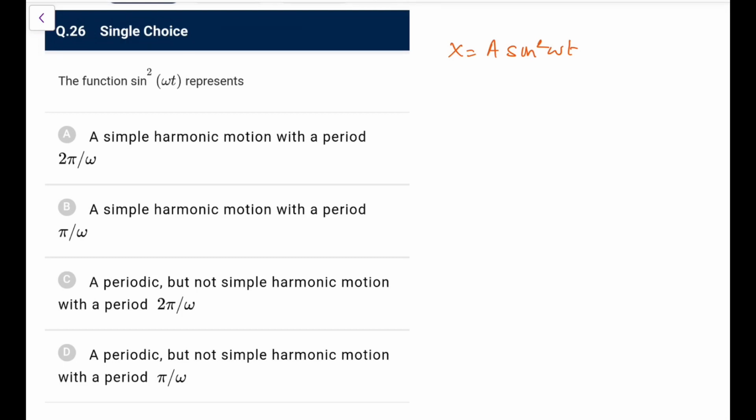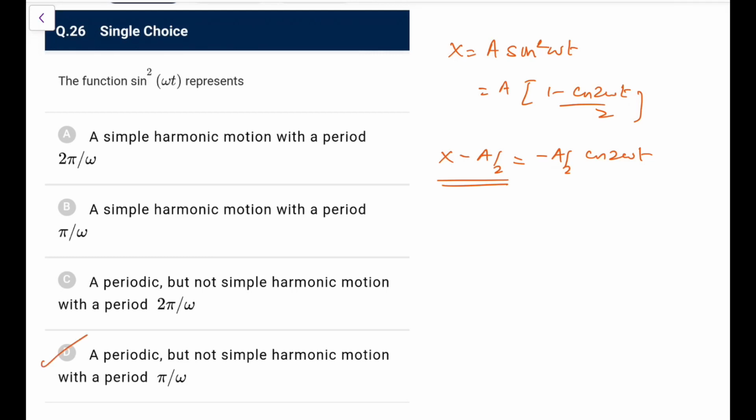Why is it going to be SHM? We simply say because if you do this, this would be a times 1 minus cos of 2 omega t by 2, and we can write it as x minus a by 2 is minus a by 2 cos 2 omega t. So it would be SHM, but not about x equal to 0, it is about x equal to a by 2. Okay, so I generally treat it to be an SHM with a period pi by omega, but most of the time I have seen in books they go for not SHM.